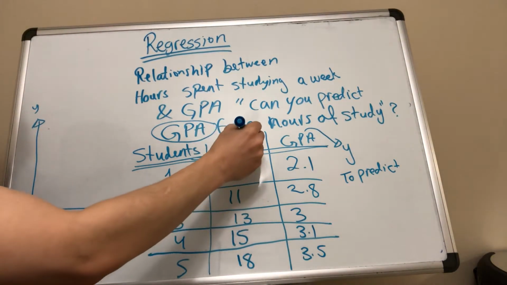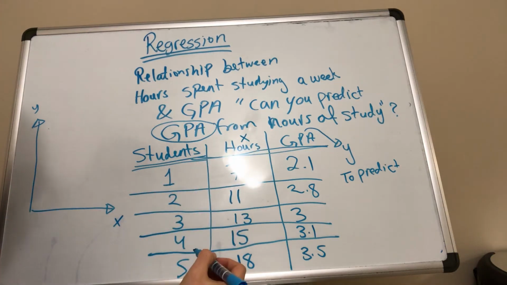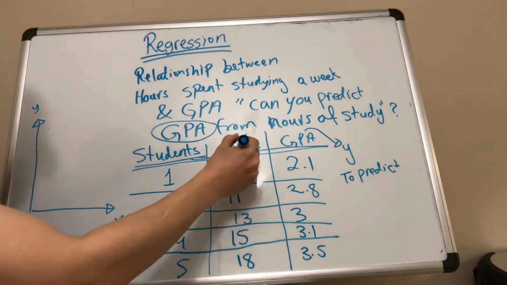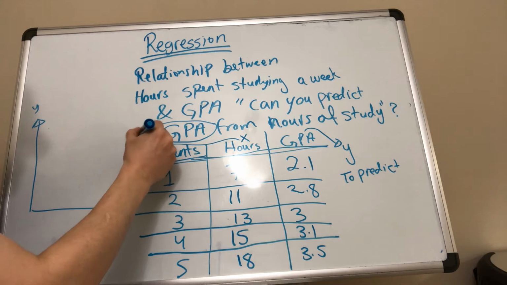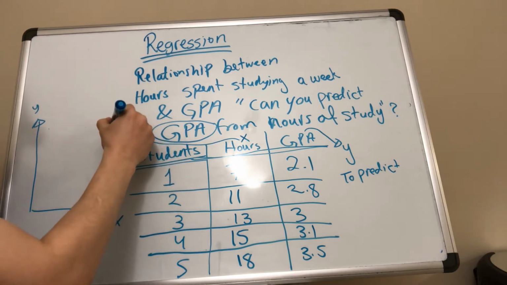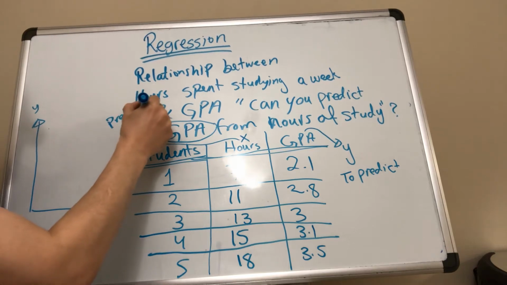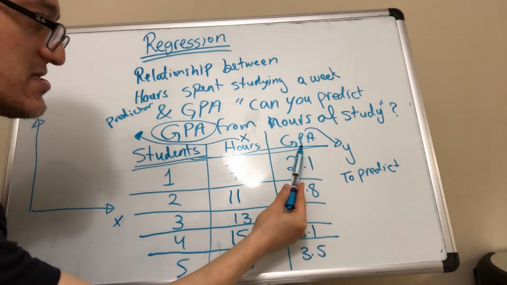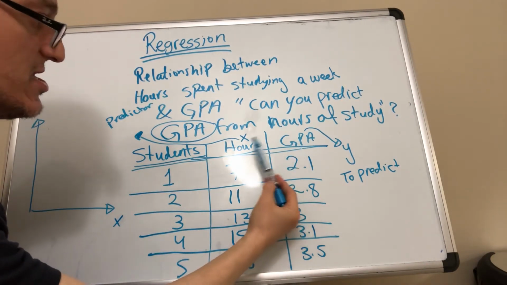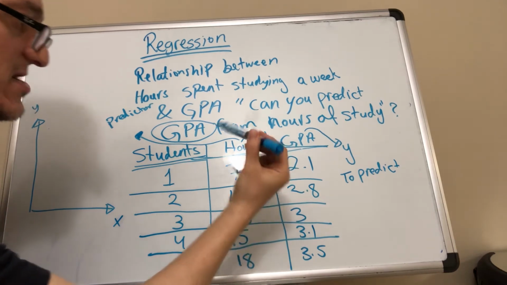And hours, in this case, is x, and this represents what's called the predictor. So you're trying to predict y, GPA, from hours, x.